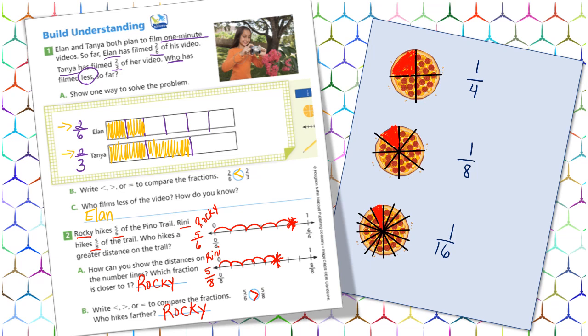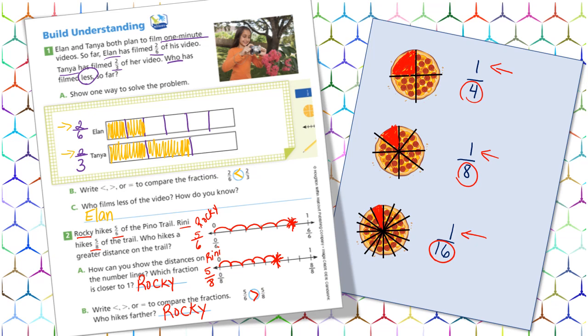So boys and girls, when your numerators are the same, we take a look at the denominators to help us decide which fractions are bigger and which fractions are smaller. Remember, the greater your denominator gets, the smaller those pieces are going to be.